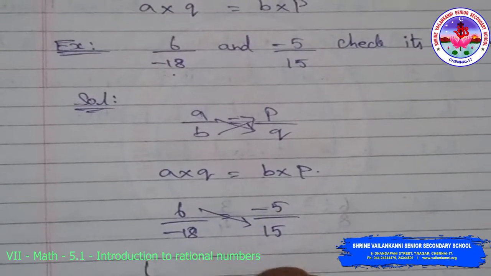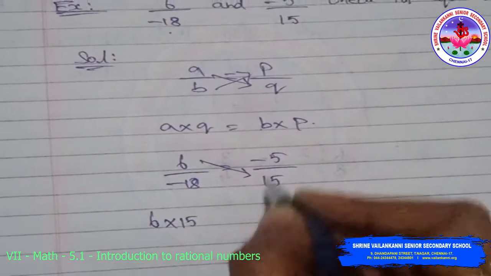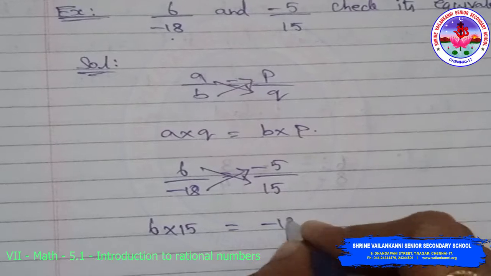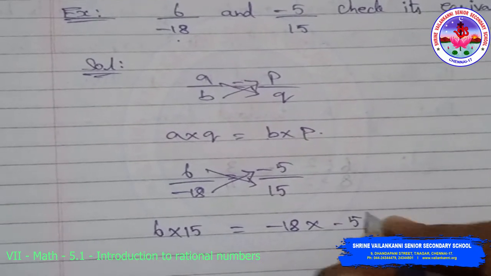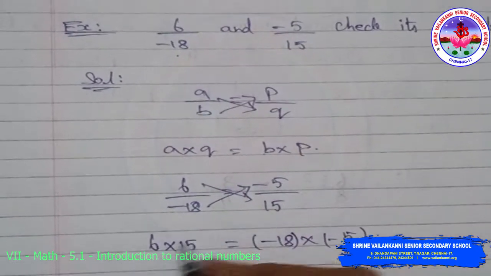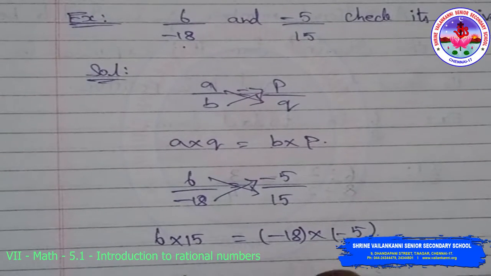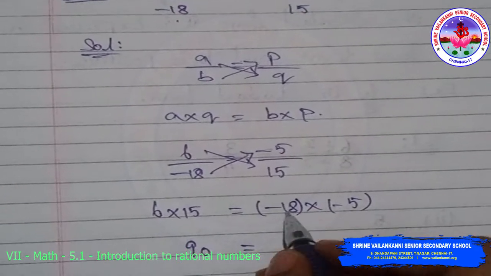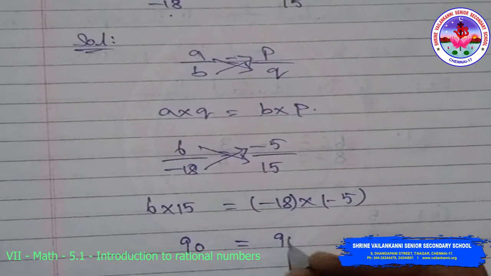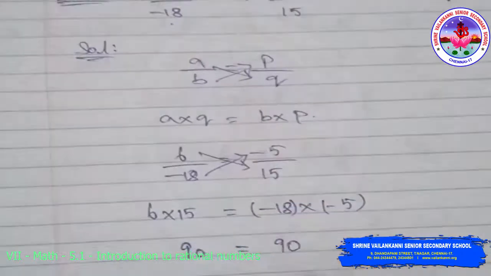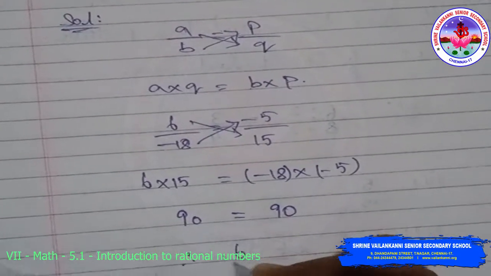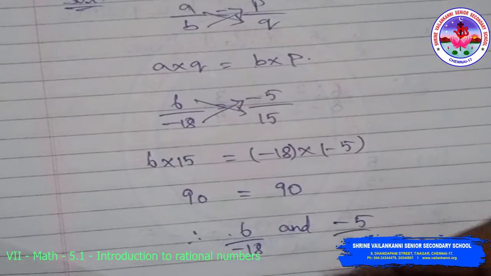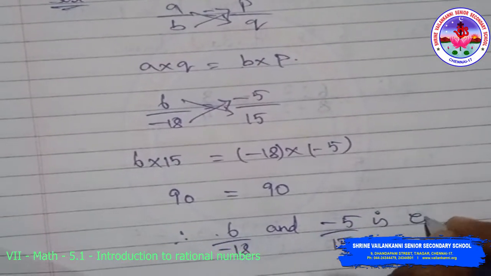So 6 into 15 is equal to b into p, that is negative 18 into negative 5. 6 into 15 is 90, and 18 into 5 is also 90. 90 is equal to 90. Therefore, 6 by negative 18 and negative 5 by 15 are equivalent.